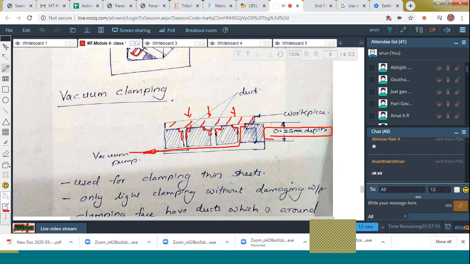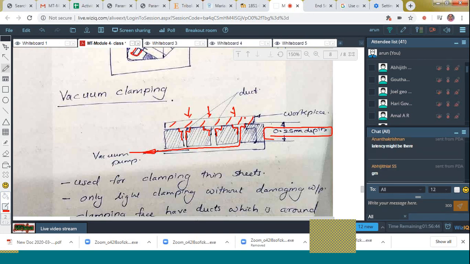On the top of the screen, you can see the symbol of your net connection. Please check whether it is green, red, or yellow. If it is green, it will be good. If it is yellow or like that, okay, that means sometimes it will be fluctuating.